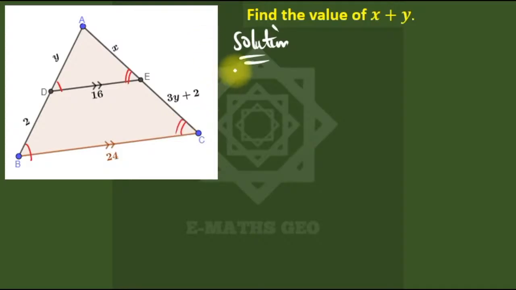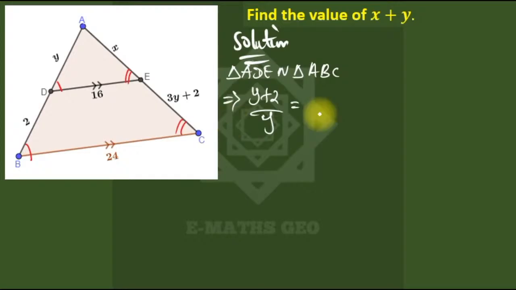So we see that triangle ADE is similar to triangle ABC, which implies that the big one, Y plus 2 over Y, corresponds to the big one, 24, over 16.